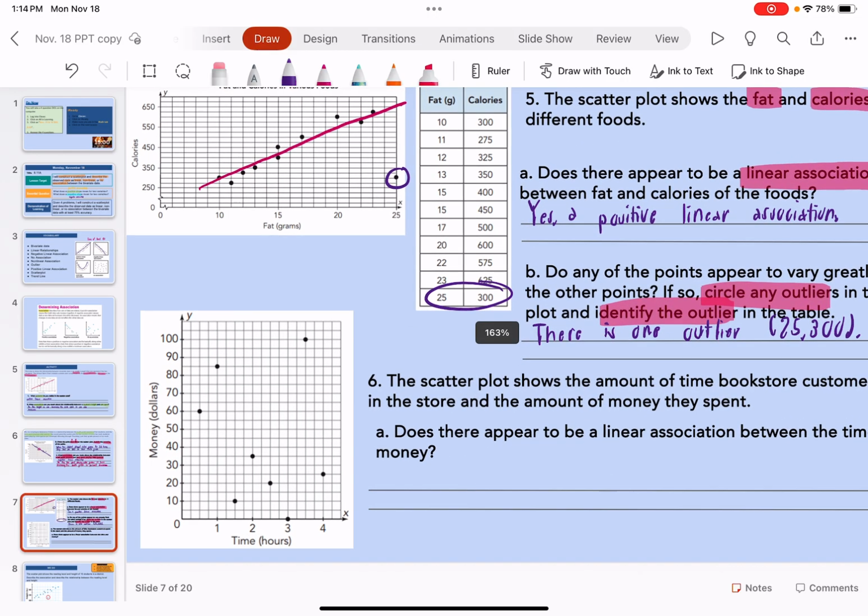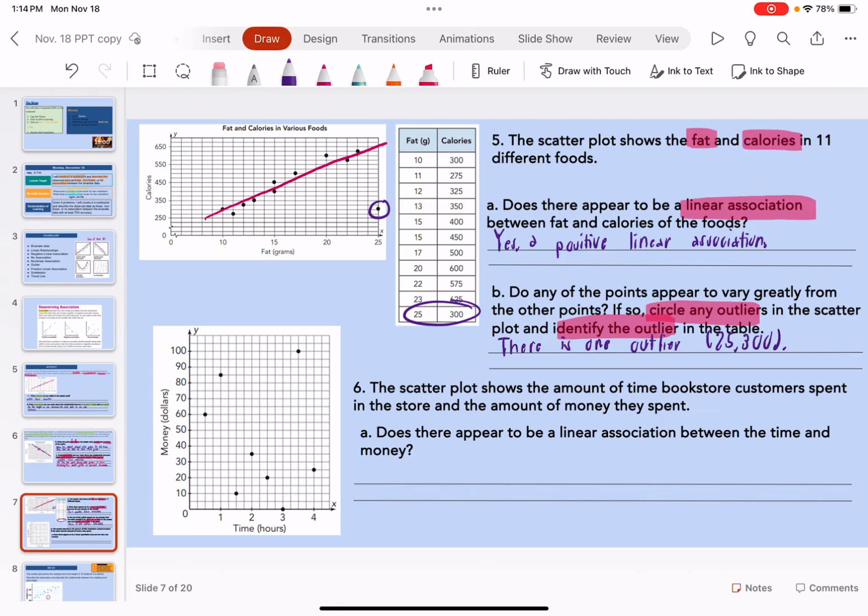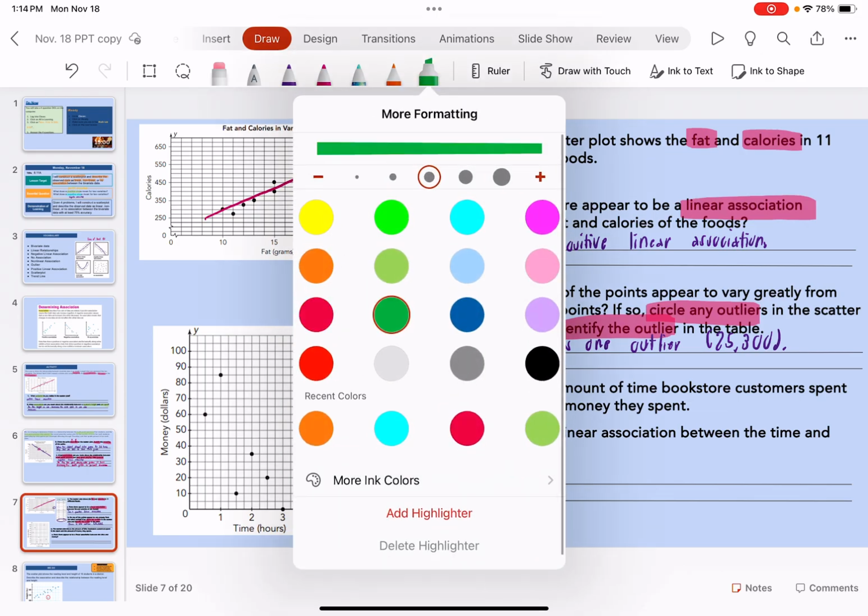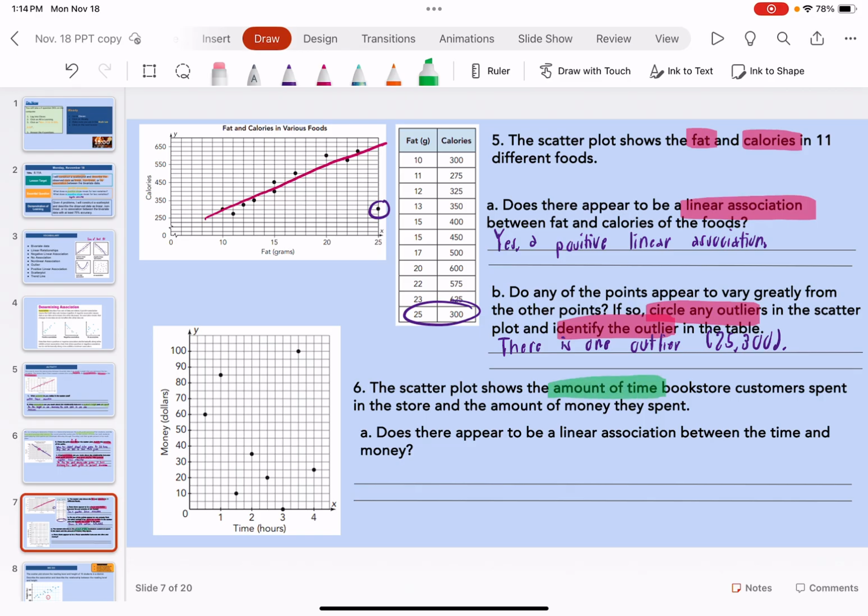Okay, lastly, number 6, the scatter plot shows the amount of time bookstore customers spent in the store and the amount of money they spent, right? And then A, does there seem to be a linear association between the time and money? So something that I noticed that students have been making a mistake about is that they try to force a trend line, right? Sometimes there is no trend line to be drawn.